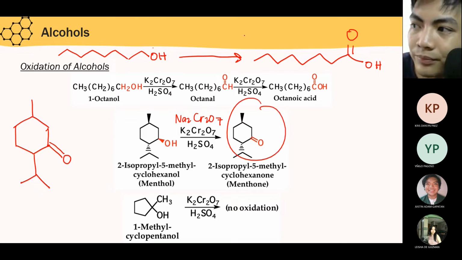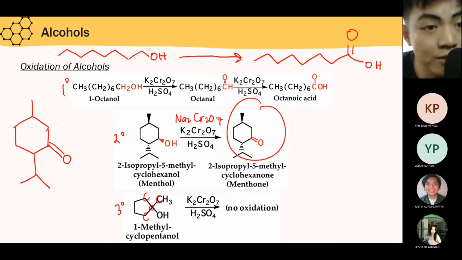Kapag tertiary, walang reaction. Okay. So, paano to naging tertiary? Ang reason is tatlo kasi yung carbon connected to this carbon. So, isa, dalawa, tatlo. So, tertiary yan. This one secondary. This one's primary. Okay. So, again, paano uli gagawin?